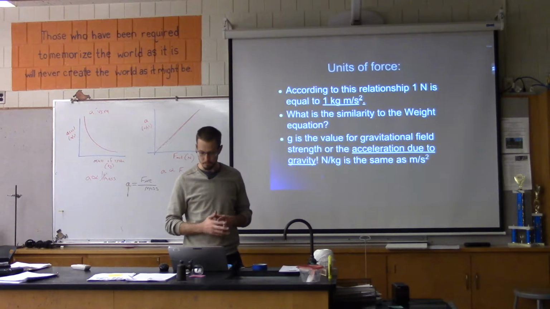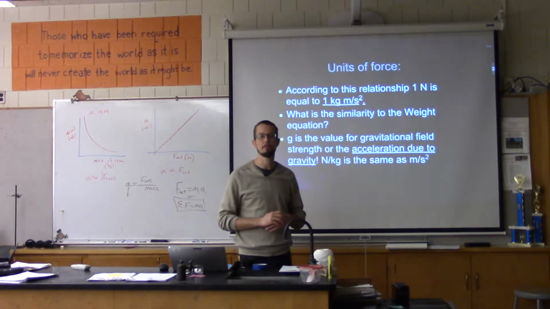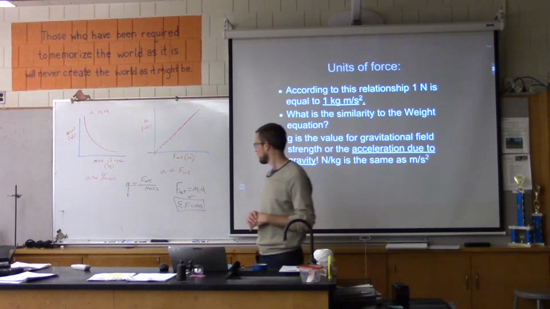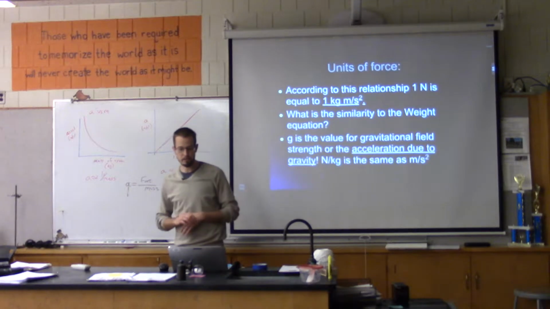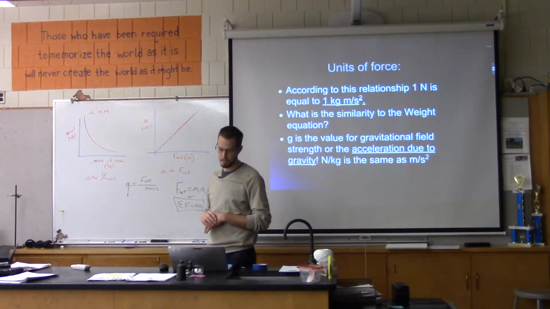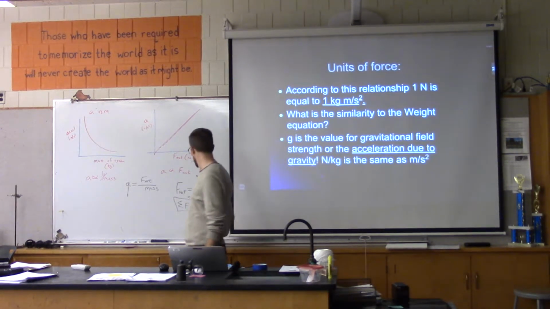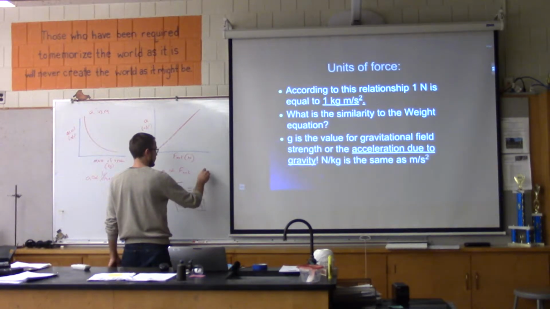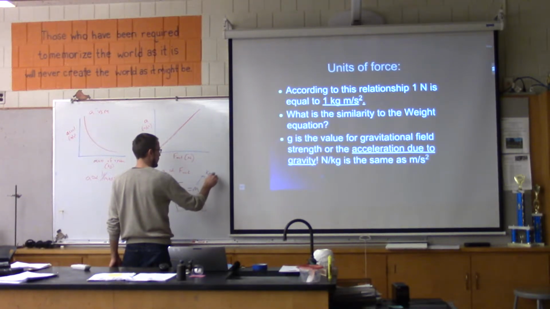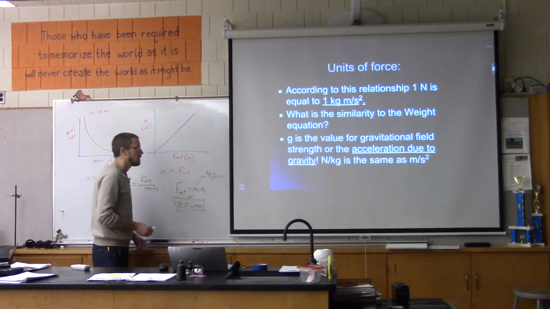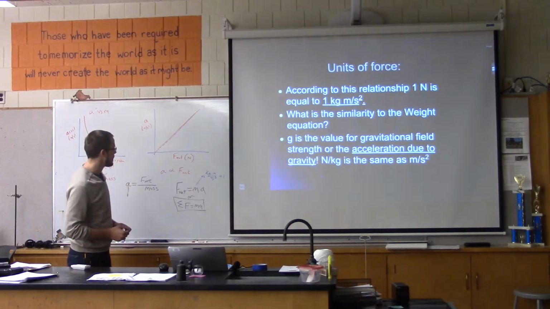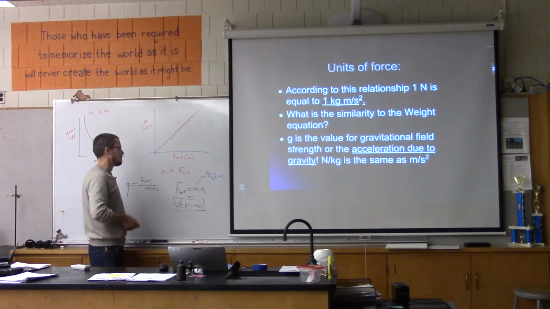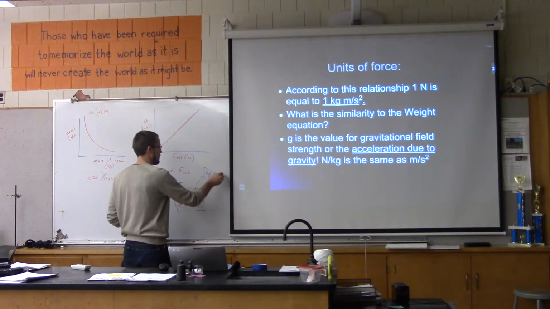Before we do that, let's do a little bit of unit analysis. According to this relationship, the unit for mass is kilograms. The unit for acceleration is meters per second squared. And that happens to be a Newton. There's how our units combine to become a Newton.